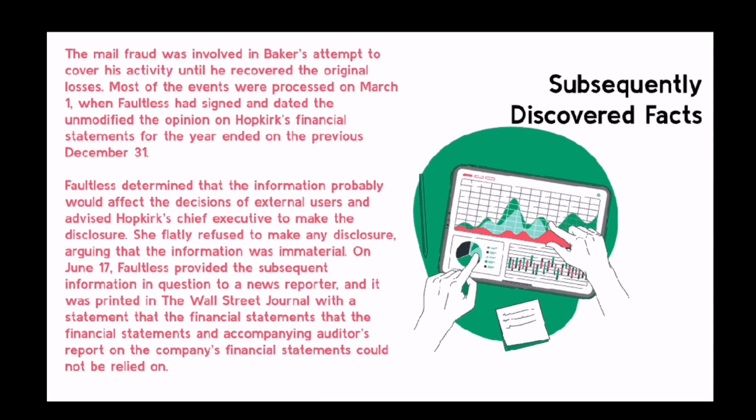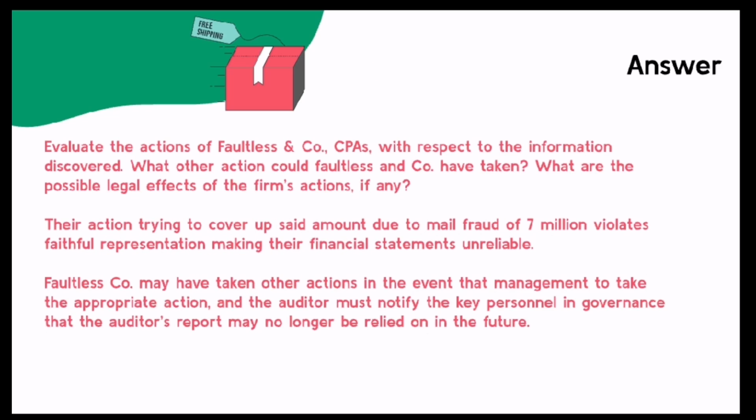On June 17th, Faultless provided the subsequent information to a newspaper reporter and it was printed in the Wall Street Journal with a statement that the financial statements and accompanying auditor's report could not be relied on.